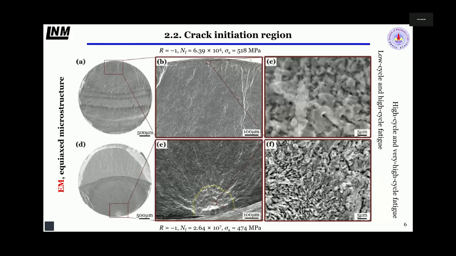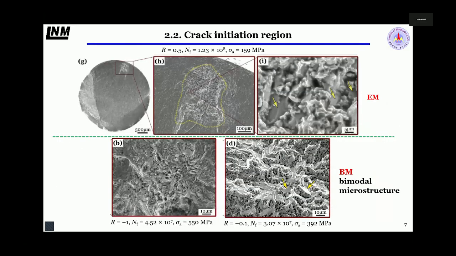We call it RA, rough area. And this specimen failed in very high cycle fatigue. These two samples were tested under a stress ratio of -1, meaning symmetric push and pull. And this one also shows the equiaxed microstructure, but the stress ratio is 0.5, meaning tension loading in high cycle fatigue.